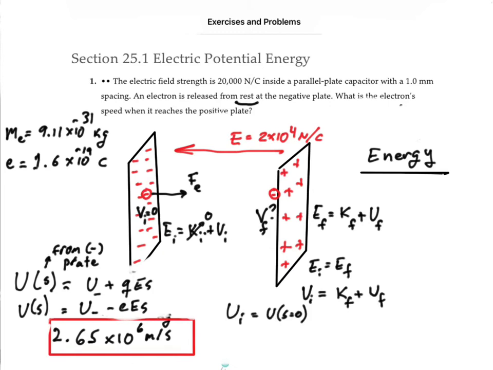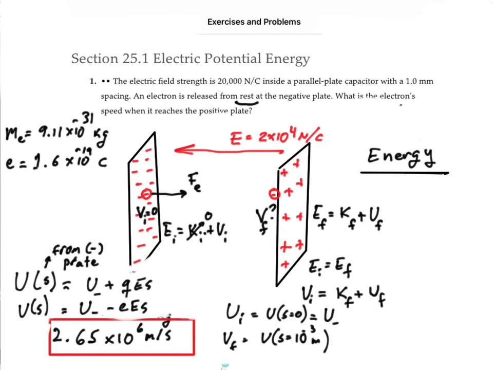So we're ready to evaluate the conservation of energy. That says U initial equals K final plus U final. What is the initial potential energy? It is the potential energy of the electron evaluated at S equals 0, which is the same as the potential energy on the negative plate.